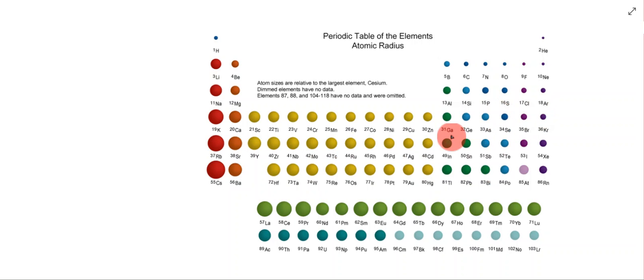As a result, the electrons are pulled in more tightly to the atoms, and the size or radius of the atom decreases. We can see this as we move from left to right. So this is what it looks like.